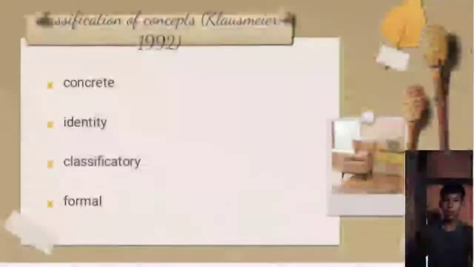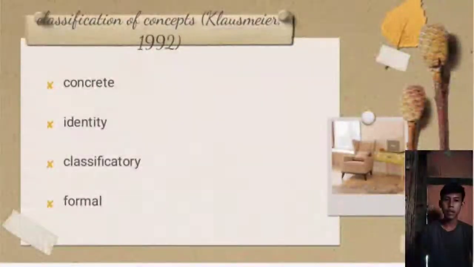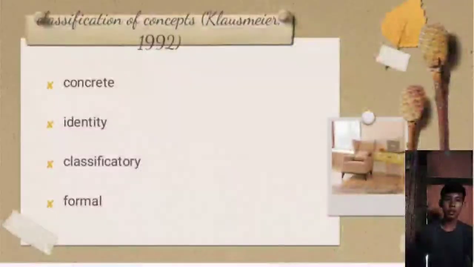In this system, concepts are described in terms of increasing depth of processing. There are four types. The first two types, concrete and identity, refer to the process of discrimination that is part of concept learning. The third, classificatory, represents being able to recognize previously unencountered examples and non-examples of the concept, but having limited ability to describe the reasons why one is an example and another one is not.